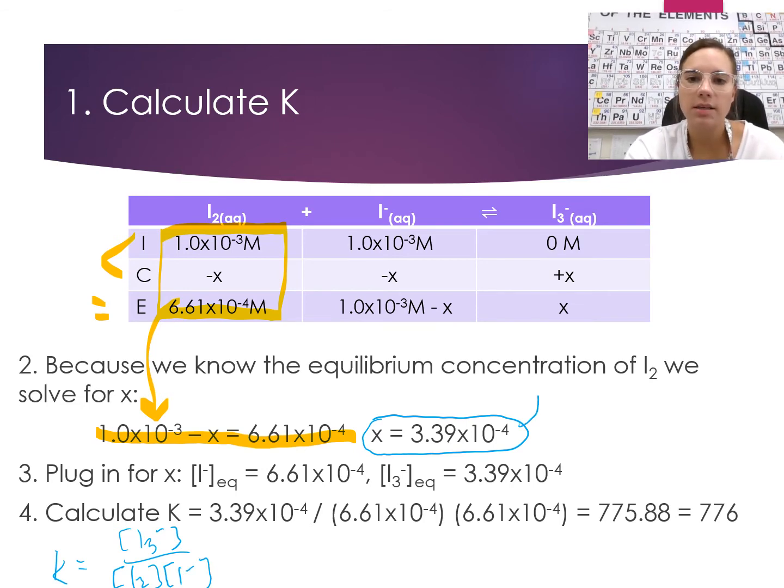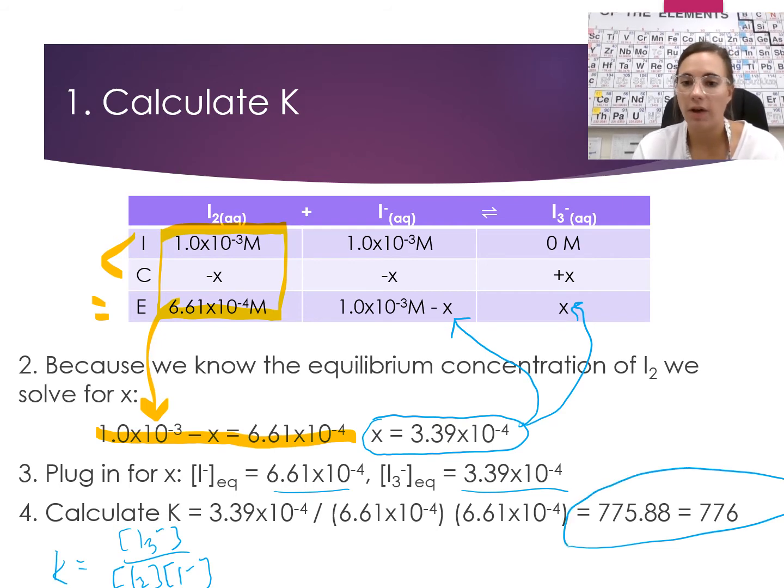So now I'm going to take this x and plug it in anywhere that there's an x in my equilibrium row. So I get that I minus is 6.61 times 10 to the negative 4, and I3 minus is 3.39 times 10 to the negative 4. So then I plug all of those values into the K expression, and I can calculate the value of K.